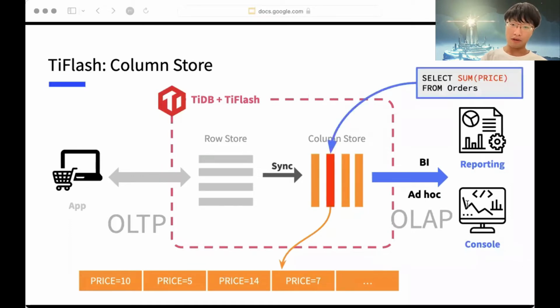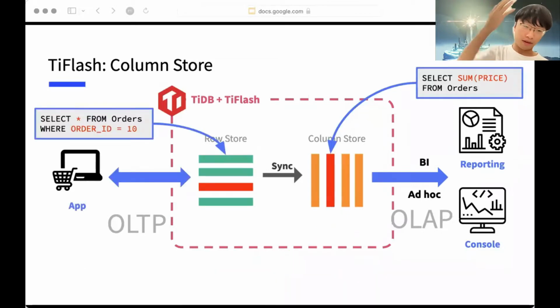When we want to calculate the revenue by, for example, summing prices of all records, we only need to scan the price column sequentially. This becomes super fast in columnar storage. This pattern is very common for analytical queries, and this is the reason why columnar storage is very suitable for analytical processing.